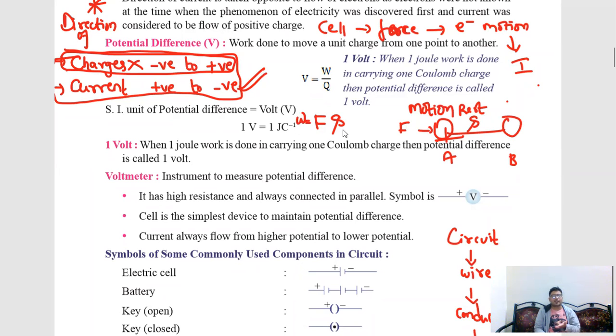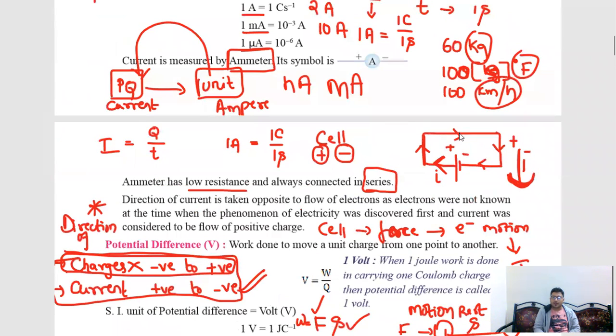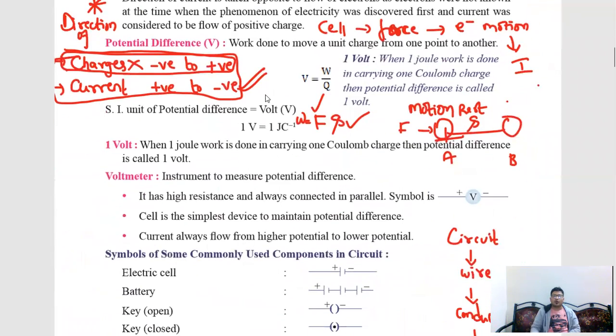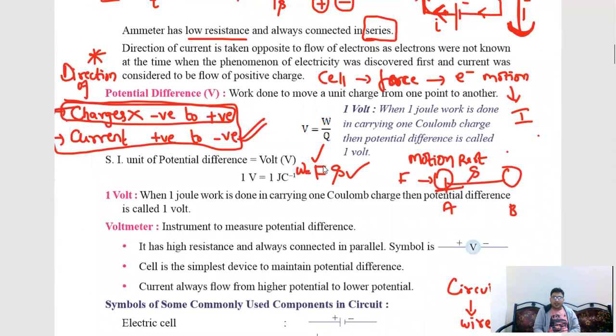Work is nothing but force into displacement. Simply to say, you are using a cell to produce force and electrons are displaced from one point to another point. In a circuit, if you have a bulb here, charges should flow from here to here, displace. So if force is used, the body is displaced, work is said to be done.